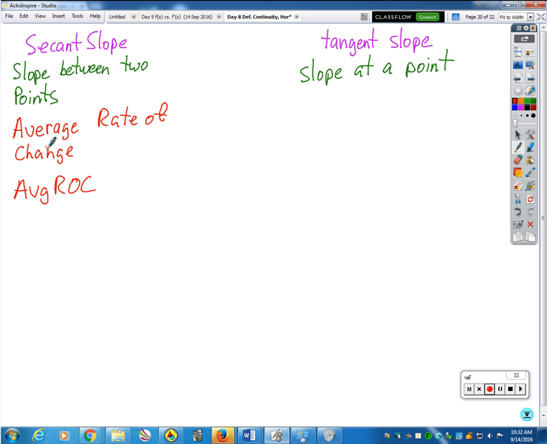This one, by comparison, is known as the instantaneous rate of change. And spell instant. There we go. Rate of change. Did I spell it right? Question.